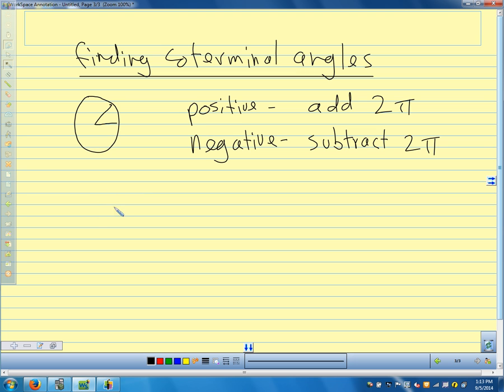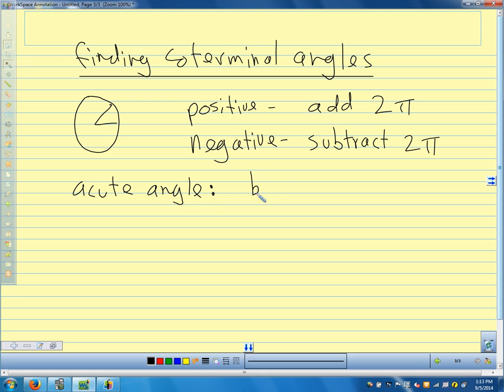All right, what is an acute angle? An acute angle is less than 90, and in radians, less than pi over 2. And for all of these next ones, we don't want it to be negative.